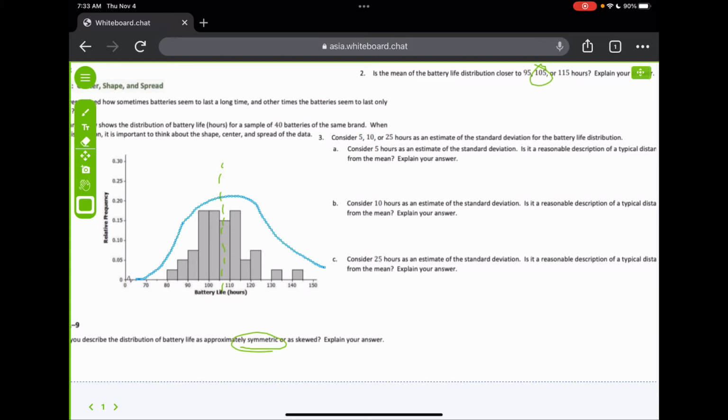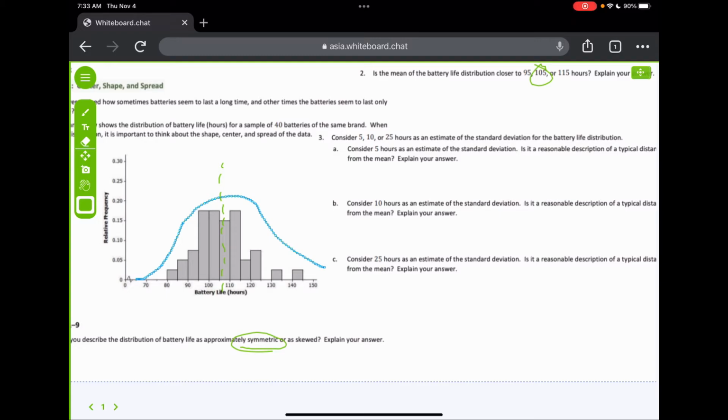Number 3 says, consider 5, 10, or 25 hours as an estimate of the standard deviation for the battery life distribution. Now, whenever you're talking about standard deviation, you have to remember that that is how we can determine the spread or the variability. That's kind of the measure that we use to just see how things are spread out.